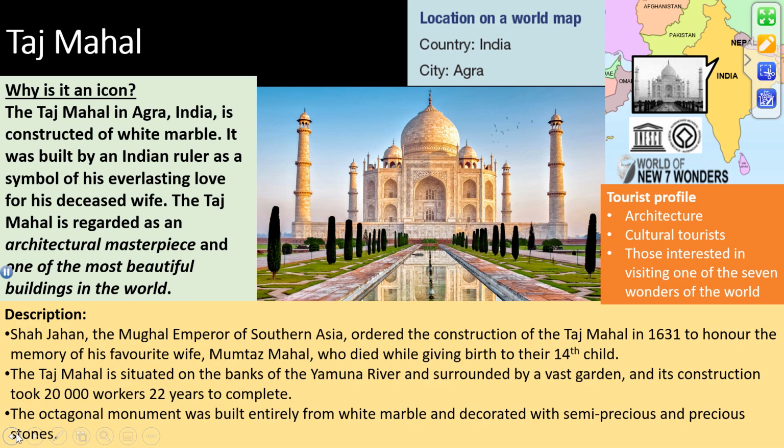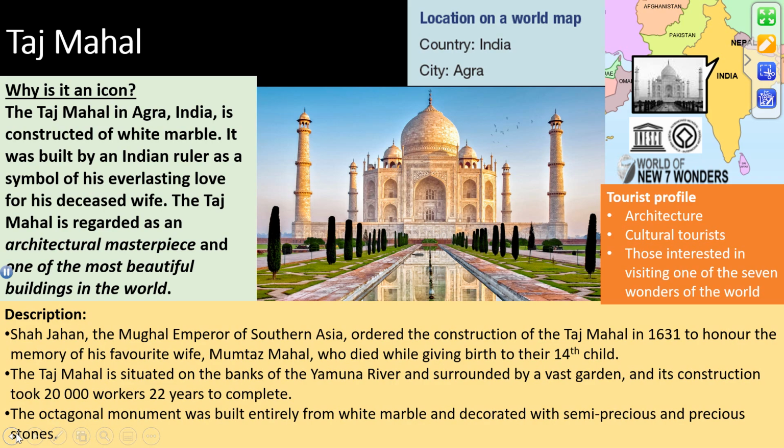Taj Mahal is regarded as an architectural masterpiece and, as already mentioned, one of the most beautiful buildings in the world. Some history around the building of the Taj Mahal. Shah Jahan was the emperor, the Mughal emperor of southern Asia. Now, an emperor is like a king.